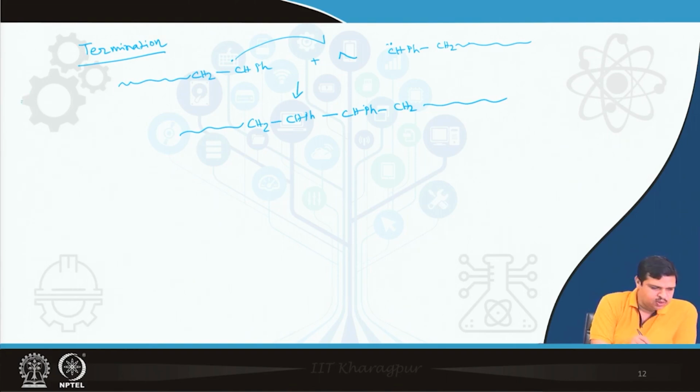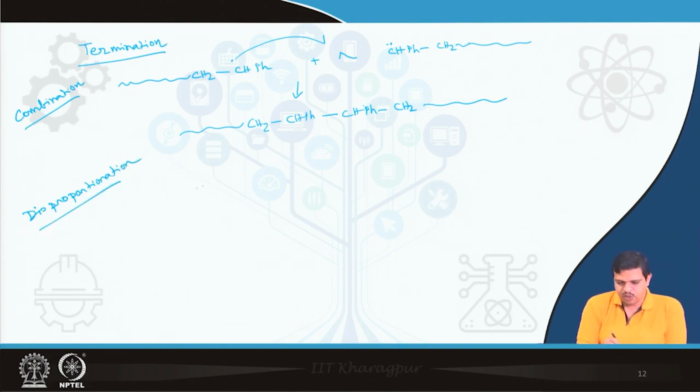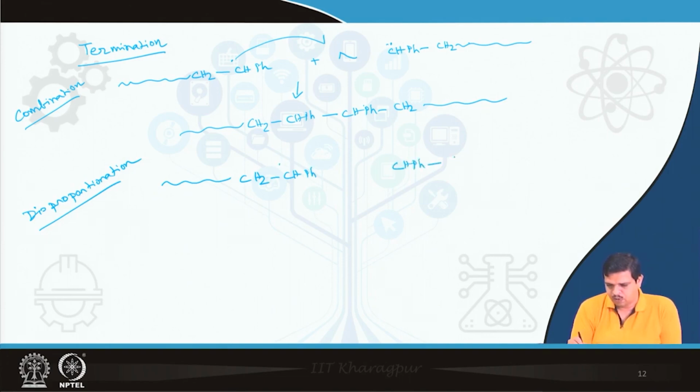Okay. So, this is just a combination or coupling of the two radicals, and the other one that is possible is disproportionation. How is it possible? Very interesting. Okay. So, again I am writing only the active end, and there like this one.